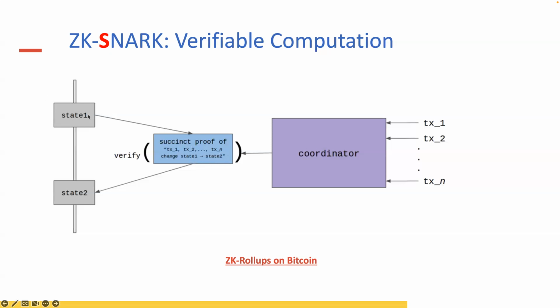The contract can just verify: is this proof valid? If yes, all these are good, so I just go to the correct state. In this way, you compress 1,000 transactions almost into one transaction, so you can improve the so-called throughput, or transactions per second. Make sense here? Yep.